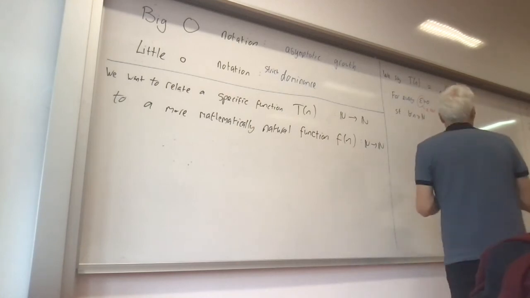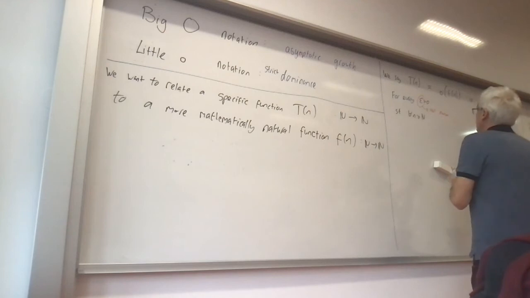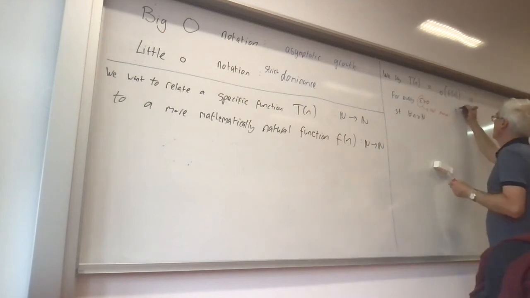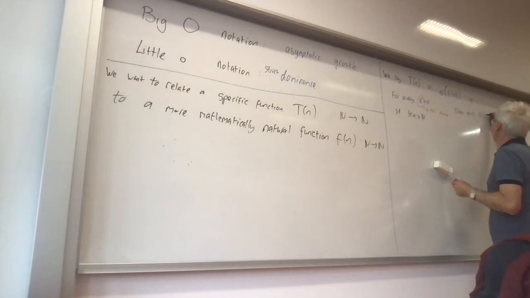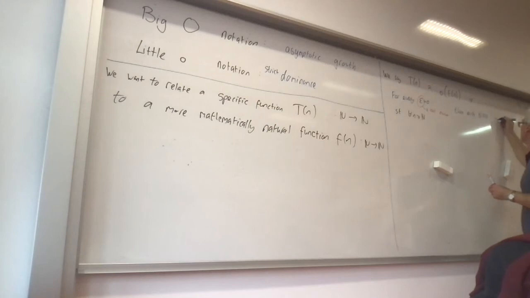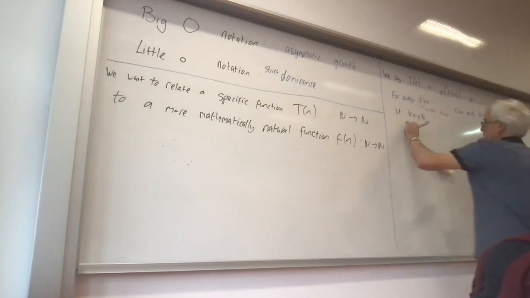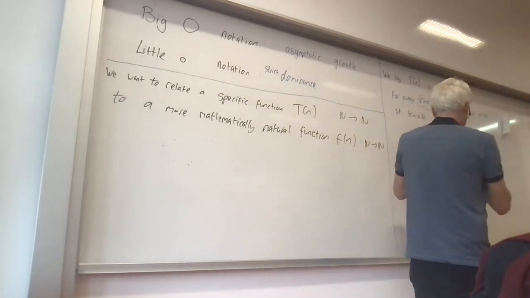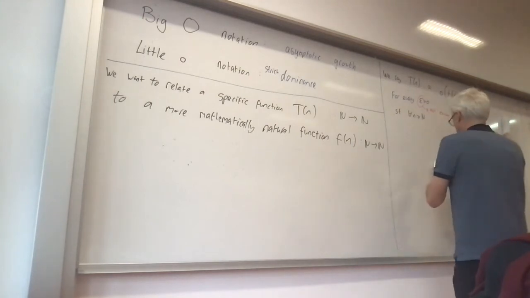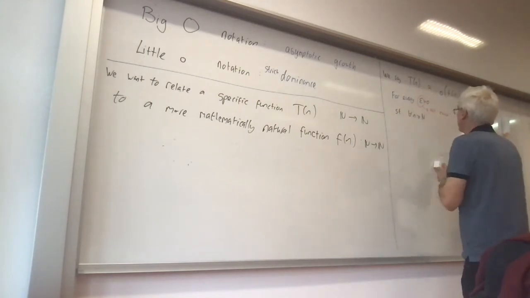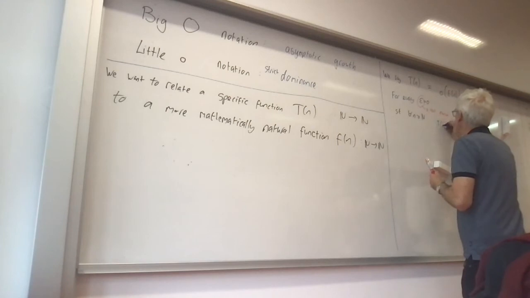It's important that it's not just integers. For every epsilon greater than 0, there exists an N greater than 0 such that for all numbers bigger than or equal to N, T of n is below epsilon times f of n.